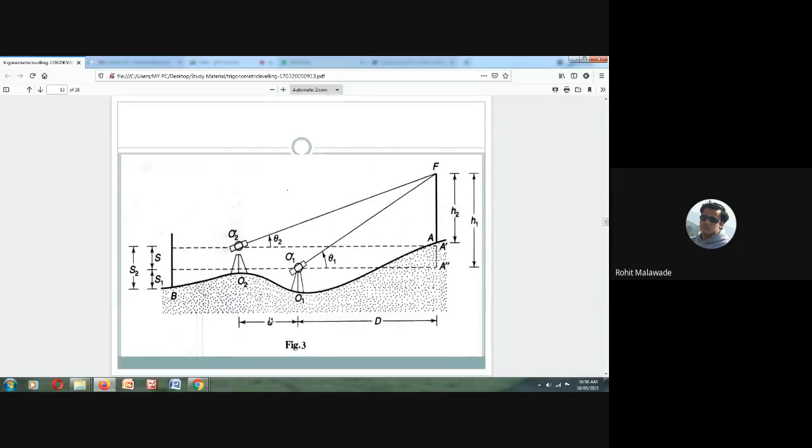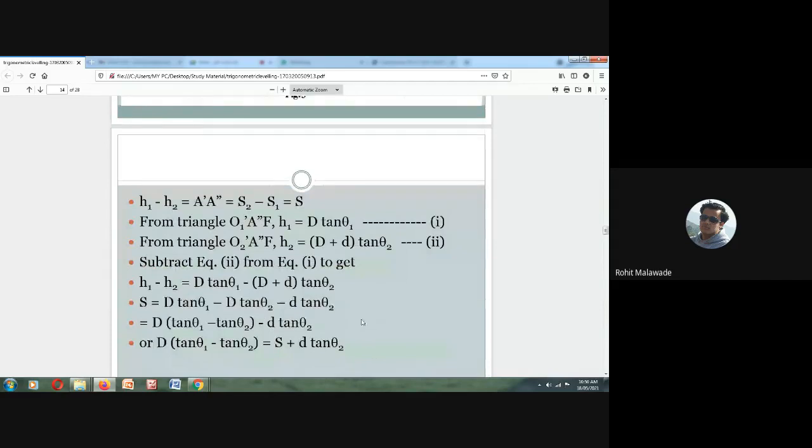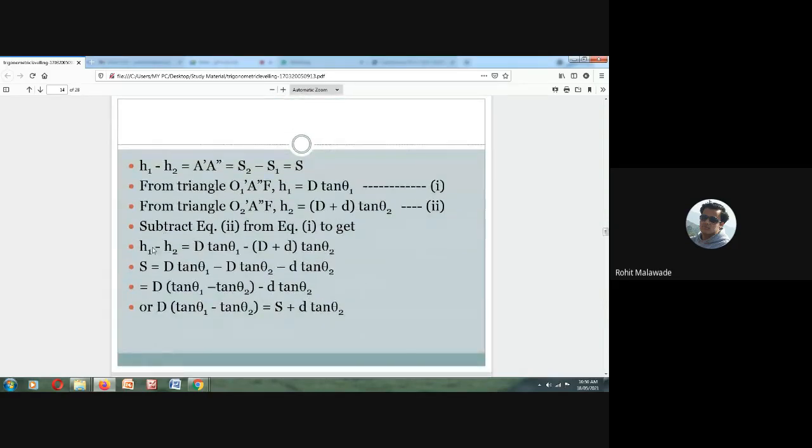You can calculate it by d plus d tan theta 2, and the difference in height between the two instruments is d tan theta 1 minus d tan theta 2 minus small d. So d will be common: d into tan theta 1 minus tan theta 2 minus d tan theta 2.